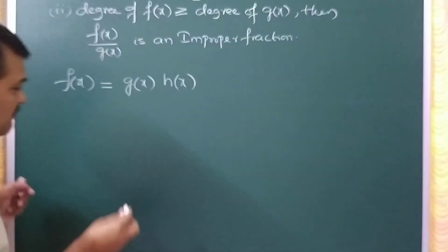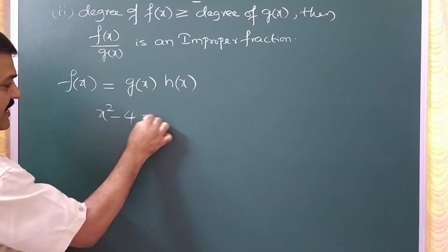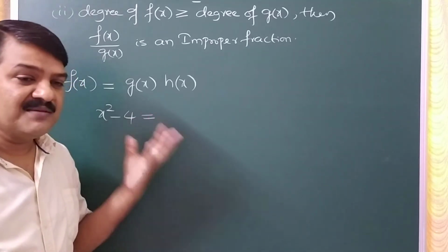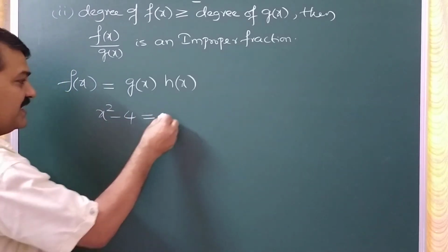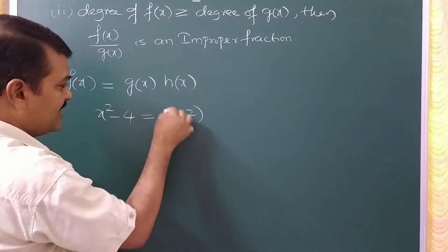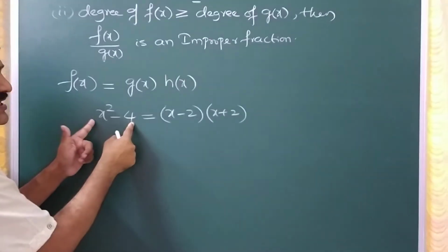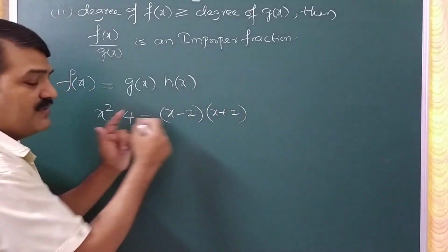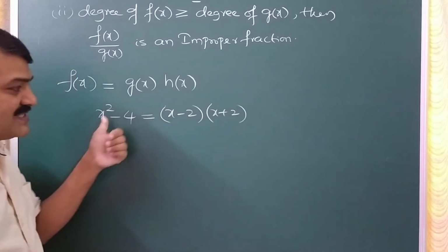Okay, so simple. For example, if I take x squared minus 4, is it reducible or not? In simple words, can you factorize that or not? Yes, we can factorize. We can write this as x minus 2 into x plus 2. So this polynomial is expressed as a product of two other polynomials where the degree of each is less than this.